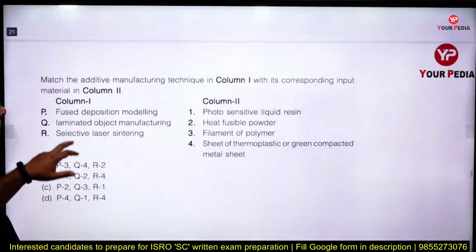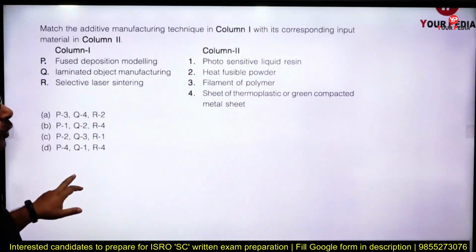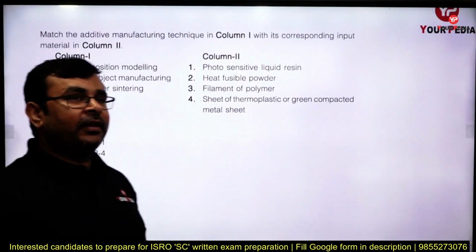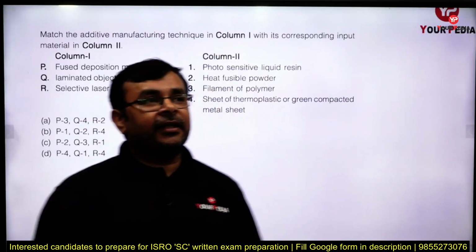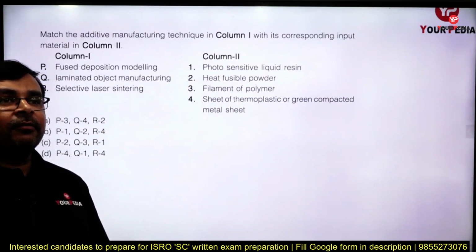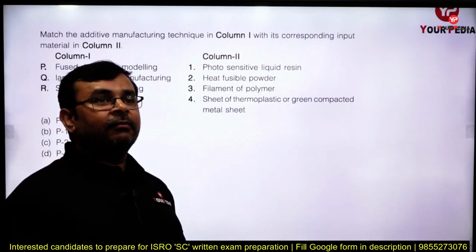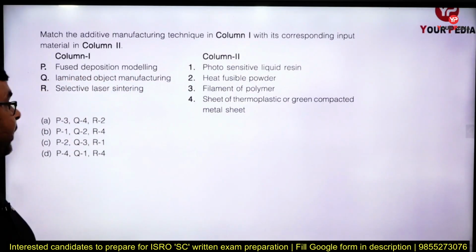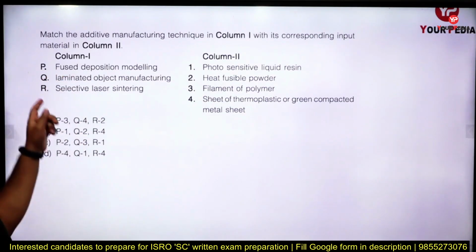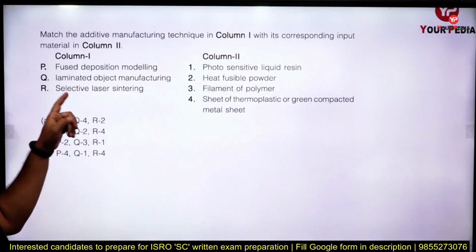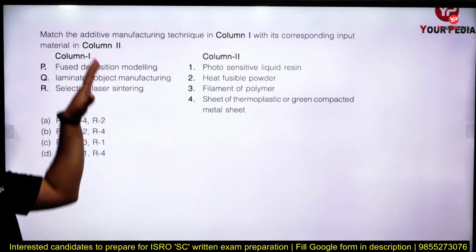Okay, so let us see a few important questions from this additive manufacturing technology. The first one, which was asked in a previous GATE exam: match the additive manufacturing techniques in column 1 with the corresponding input material. You see here fused deposition modeling, FDM, laminated object manufacturing, selective laser sintering. We already discussed all these three processes.